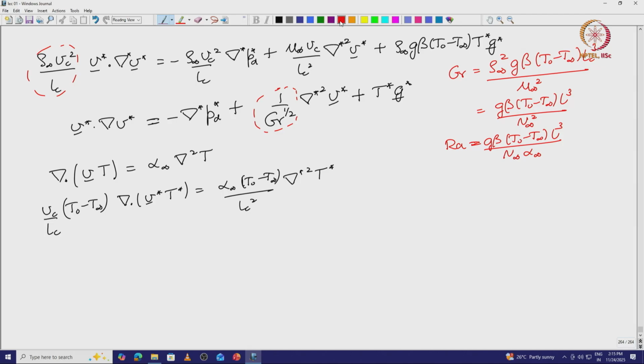Divergence of V times T is equal to alpha del square T. That divergence can be taken in because the divergence of velocity is equal to 0.